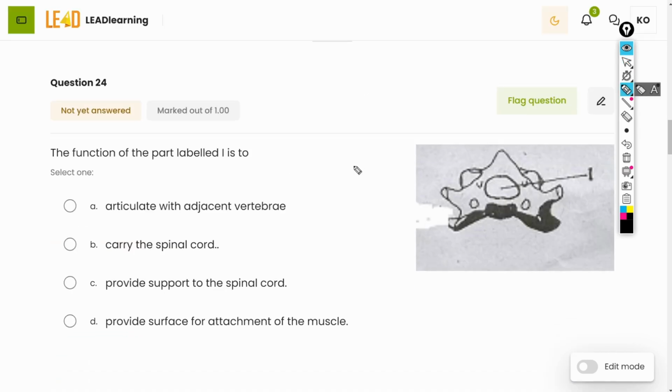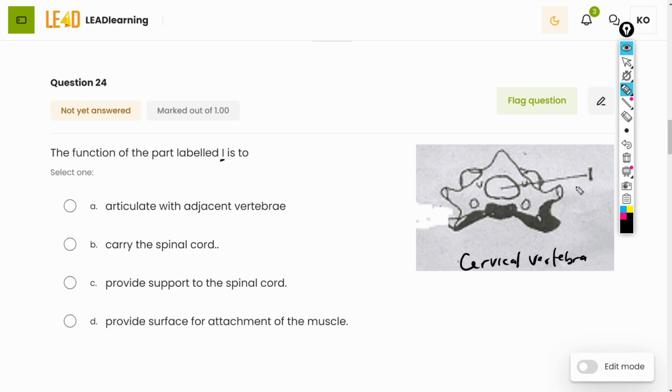Question 24. The function of the part labeled 1 is to. Now this is a typical cervical vertebra, and apart from the cervical vertebra, all the other vertebrae, be it the lumbar, the thoracic, the sacral, or the caudal vertebra, they all have this distinguishing feature.